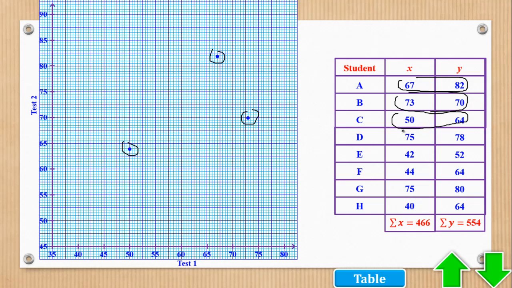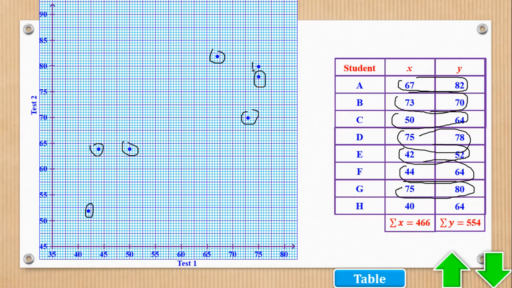Student D, 74 corresponding to 78. 42 corresponding to 52. 44 corresponding to 64. 75 corresponding to 80.